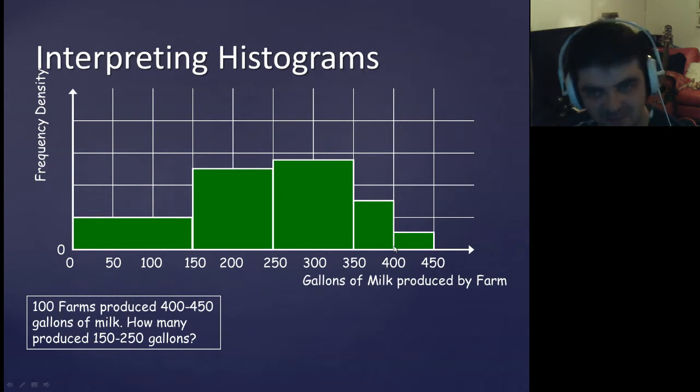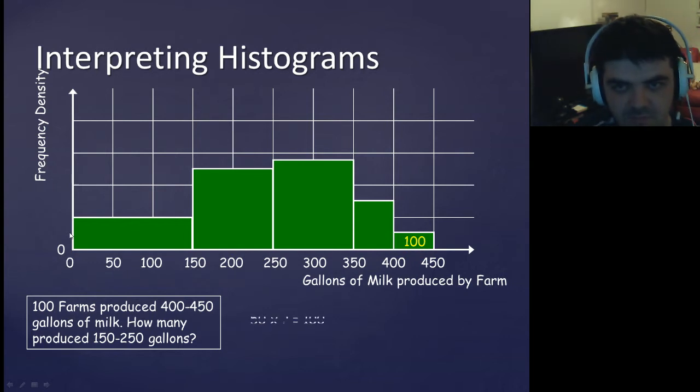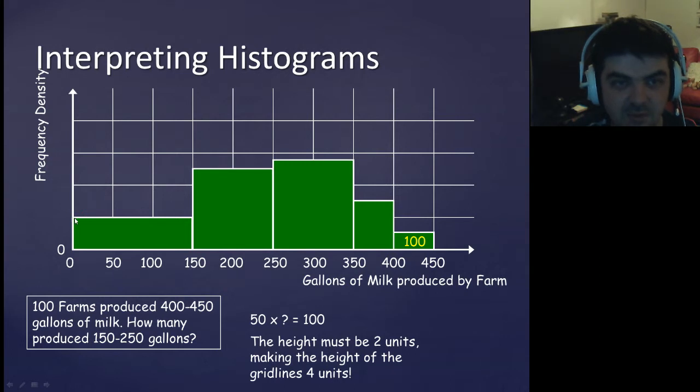So if 50 times something gives me 100, the frequency density must be 2. So that means each grid line up to there must be 4. So that's 4, 8, 12, 16.